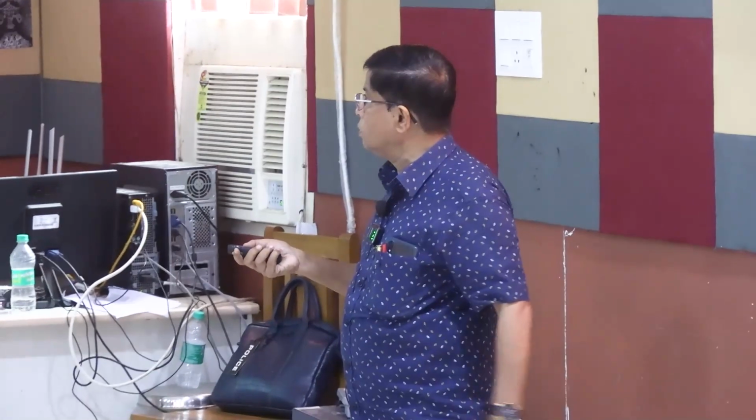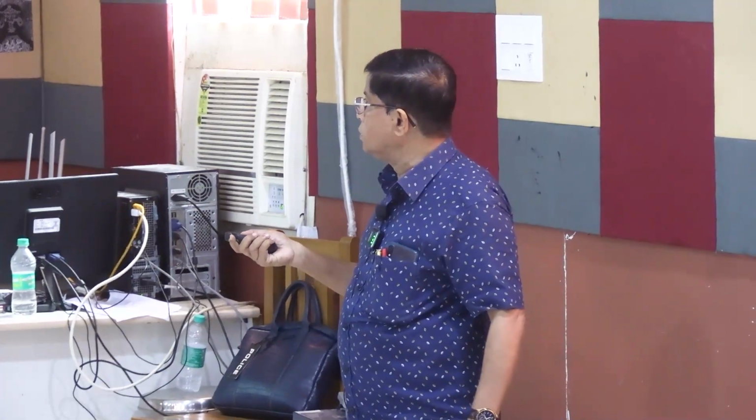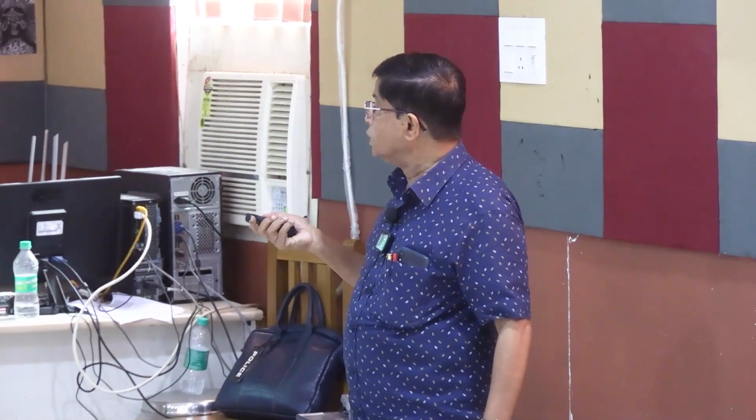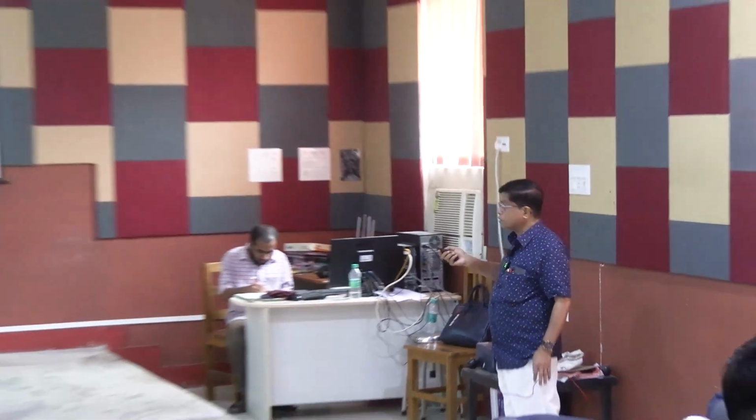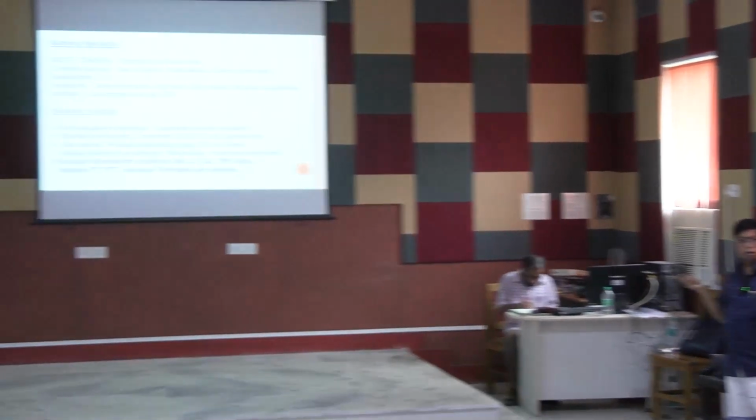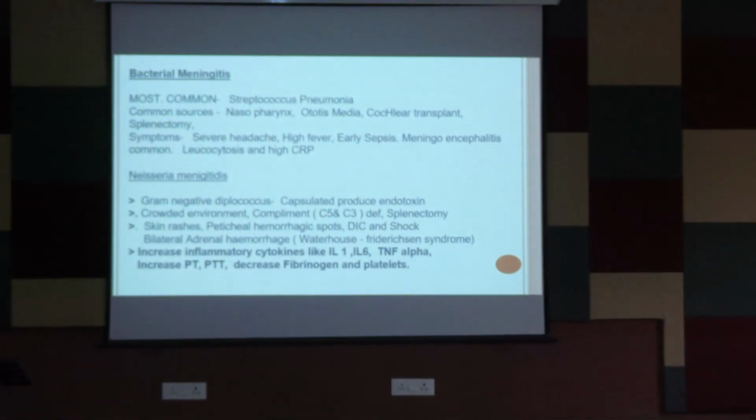The endotoxins cause some immunological changes. In the last line you can see there are increased inflammatory cytokines. In response to inflammation, there is production of cytokines: interleukin 1, interleukin 6 and TNF alpha. These are the cytokines produced by the system in response to infections.